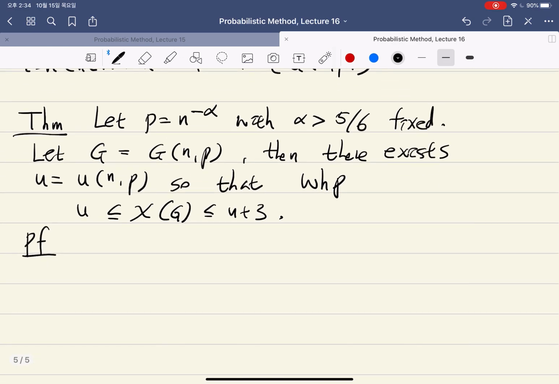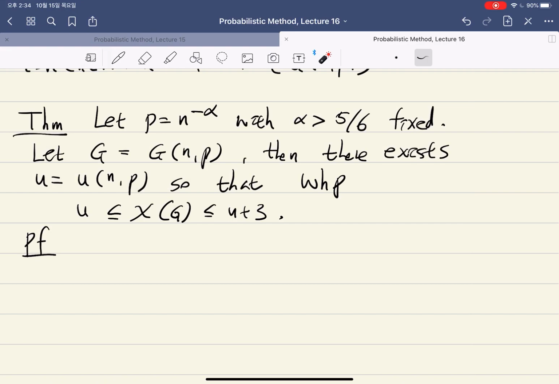Here we want much better concentration. In a sense, we want to color most of the vertices, and then the remaining ones we want to color with a constant number of colors, say 3 colors.